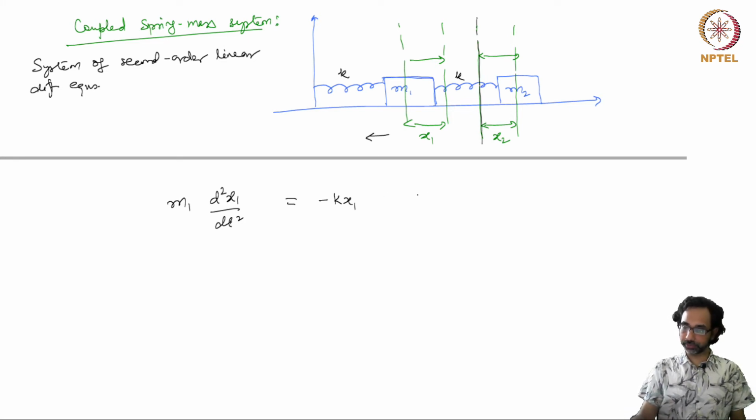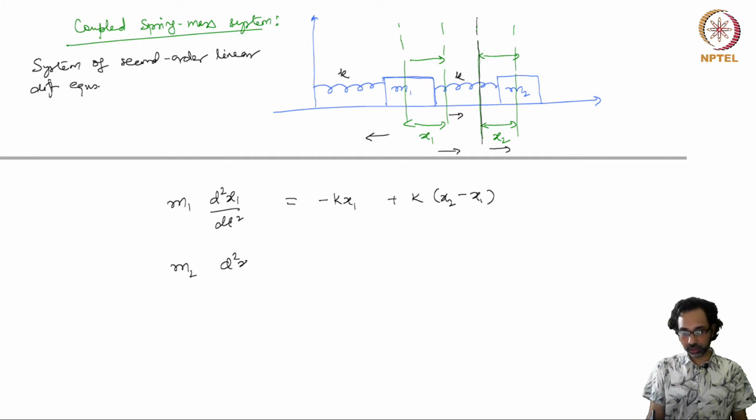Now for the second spring, the displacement is given by x2 to the right, and then you have a minus x1, because this is the rest position. So we get x2 minus x1, and then the first body m1 is pulled to the right by the second spring, so you will have a plus k (x2 minus x1).